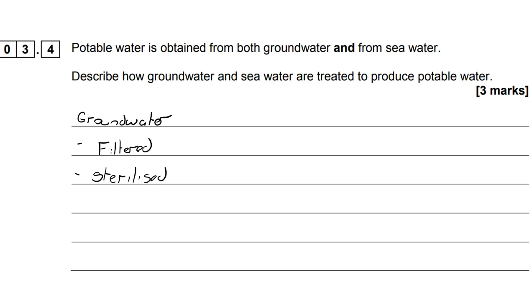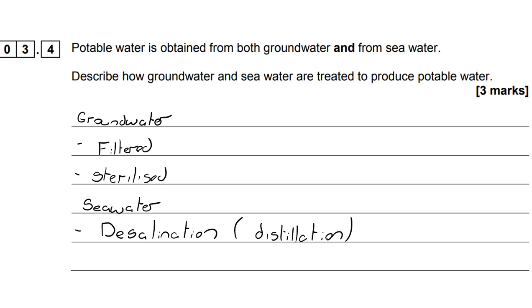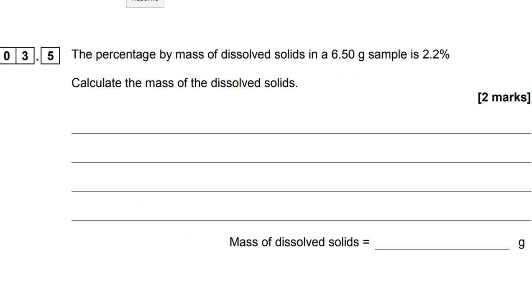There's an extra thing that we need to consider with seawater. Seawater might not need that same level of filtering and sterilisation, but it does need the salt removed because otherwise it's not drinkable. So desalination or distillation gets to the point that we can drink it, making the seawater potable.